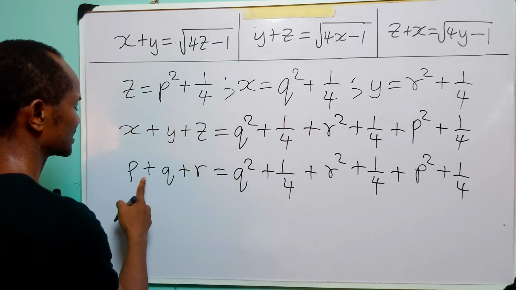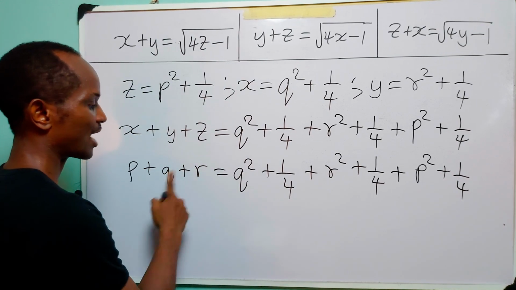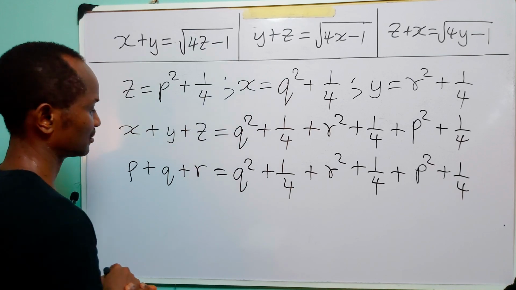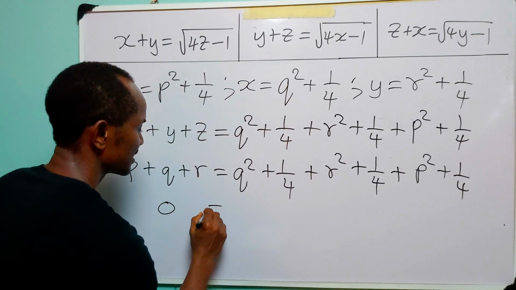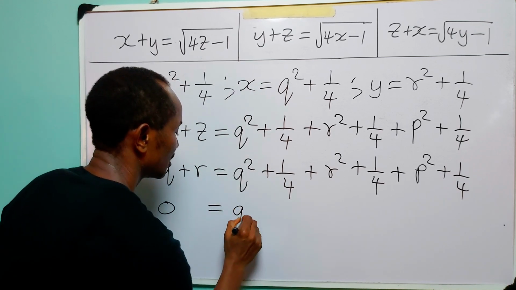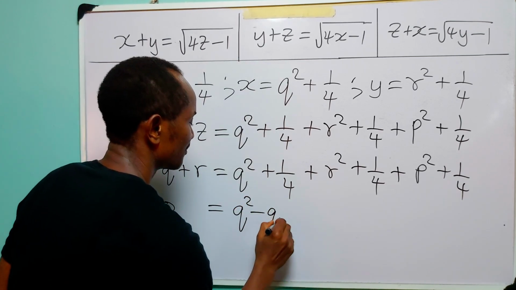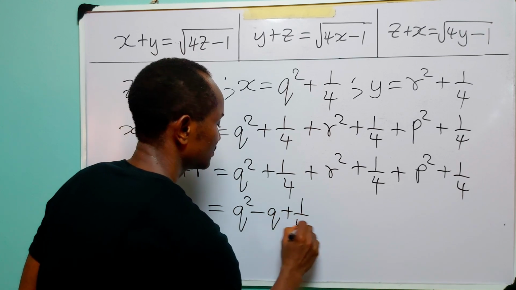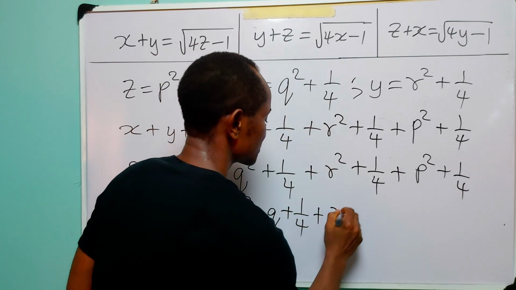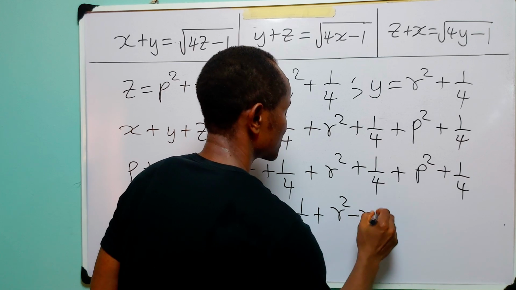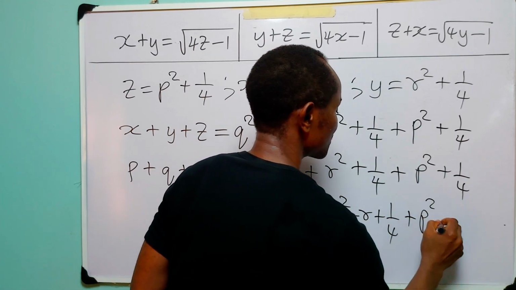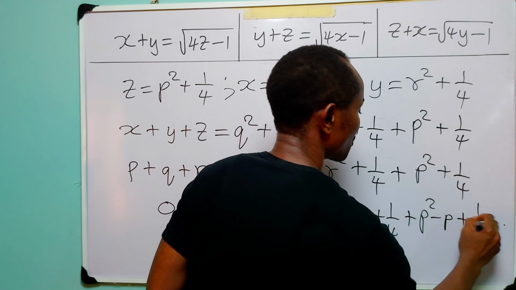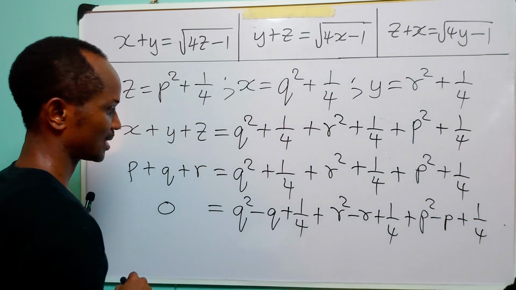Now let us subtract P plus Q plus R from both sides of this equation. When we do that, obviously this side will be equal to 0. And here we have Q squared minus Q plus 1 over 4, plus R squared minus R plus 1 over 4, plus P squared minus P plus 1 over 4.